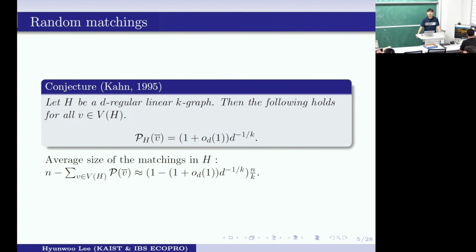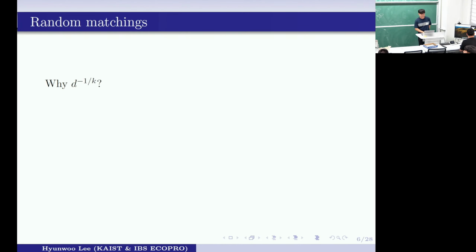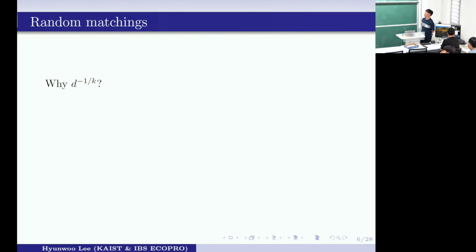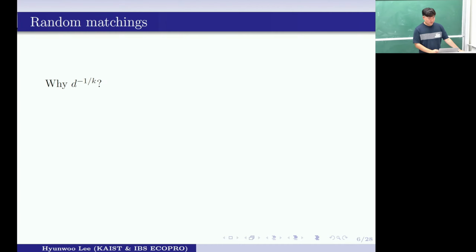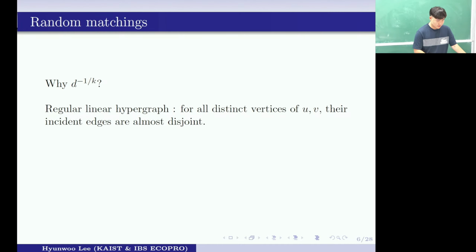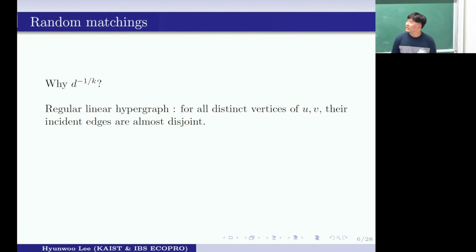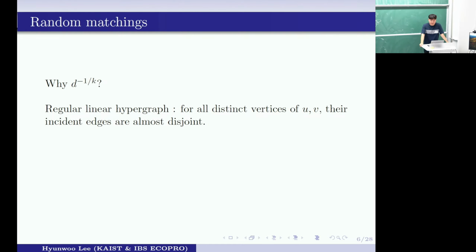Okay, so to understand why Kahn conjectured this, I will explain why the number d^(-1/(k-1)) appears. Yeah, so why d^(-1/(k-1))? Since our hypergraph is regular and linear, for every two distinct vertices u and v, their incident edges are almost disjoint.